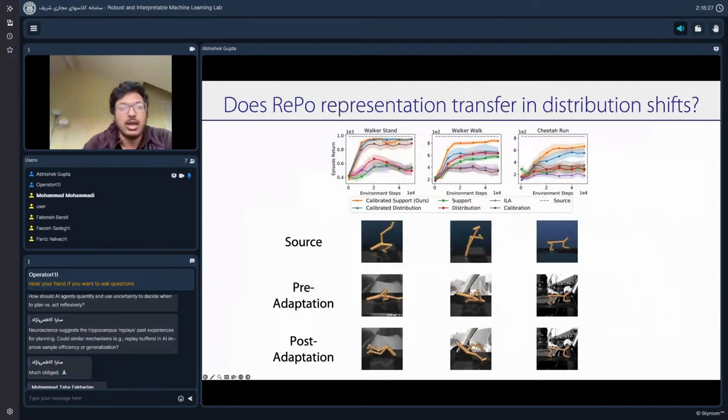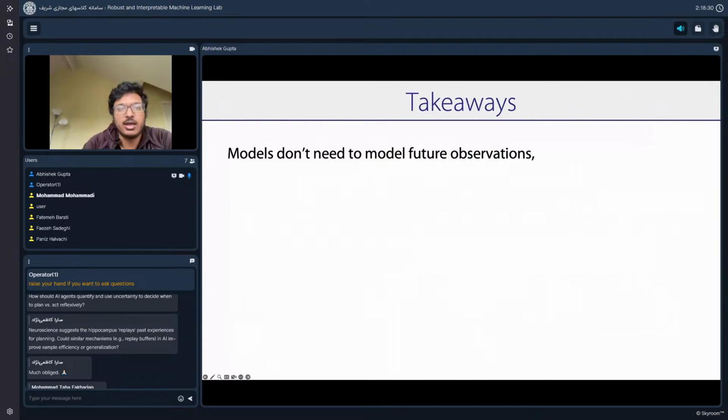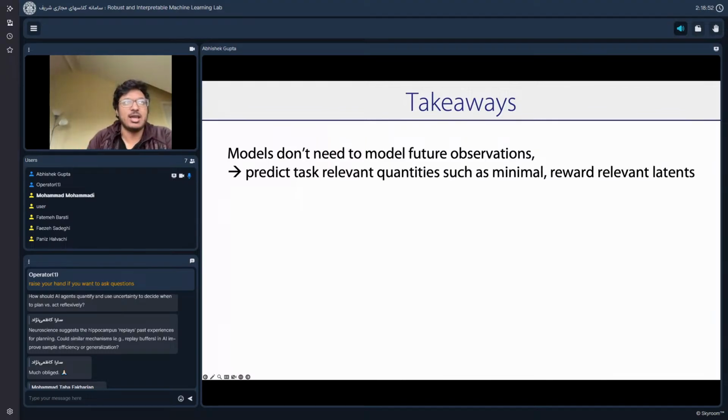Okay, so let's skip this one and let's zoom out. The key point that I want to convey is that we started from offline RL, we said we want to do world modeling. World modeling currently models future observations, but that doesn't scale well with observation size. It's more than you actually need for decision making. So the argument here is that world models don't need to predict future observations, but instead they need to predict task relevant entities. So they need to predict things like latent representations, which are representative of things that matter in the world.